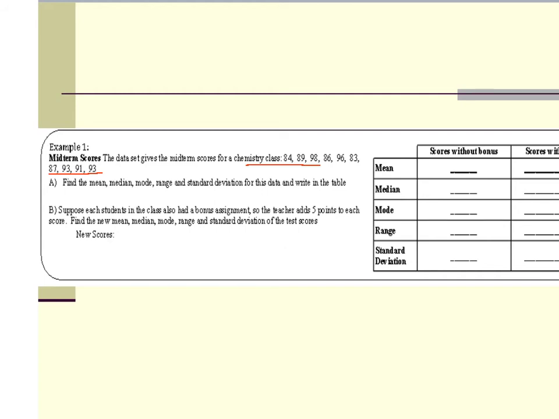If you do that, you find that the mean is 90, the median is 90, the mode is 93, the range is 98 minus 83, so my range is 15, and my standard deviation, again, we're looking at sigma x. Take a look, you get 4.796, and I'm going 3 places out if I can.